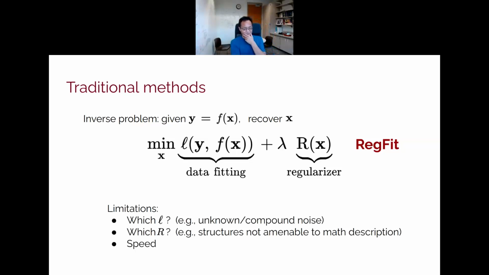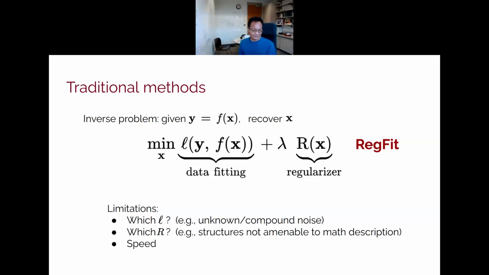But if we think about this general framework, there are a bunch of limitations. If I give you a problem, it's not clear which loss you should choose, because the loss choice is typically motivated by the noise model we have about the measurement process.